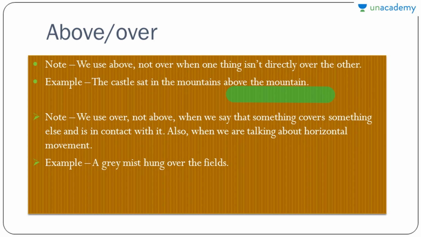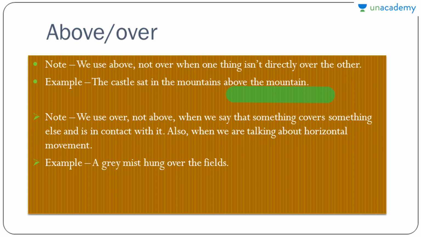Let's see the next thing. We use over, not above, when we say that something covers something else and is in contact with it. For example, you come from your work in the evening, and you change your t-shirt, and you place the changed t-shirt over the bed sheet.